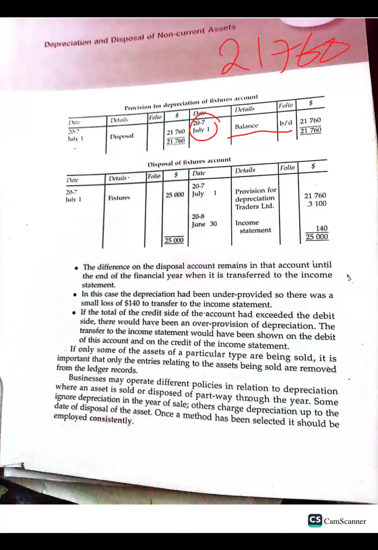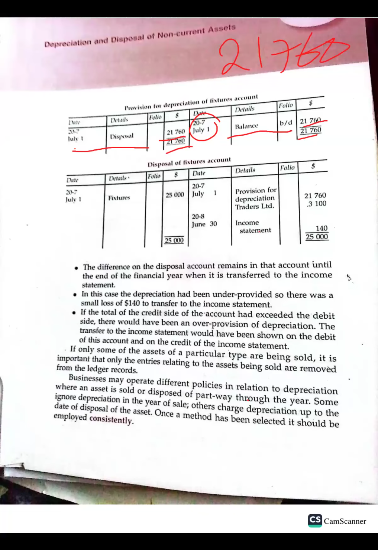That was the total depreciation. In short, you are recording total depreciation. That is very important. Total depreciation is recorded on the other side. And then from there, you can balance off this account. The ending balance of 1 July 2027 actually will be the disposal.